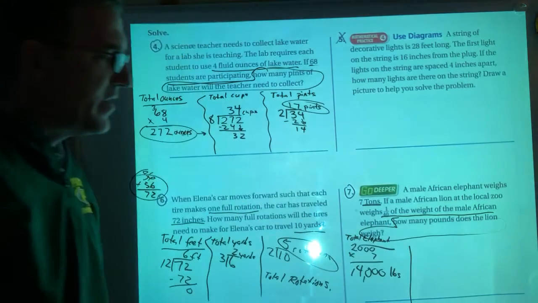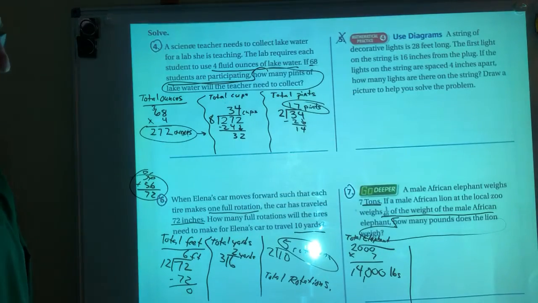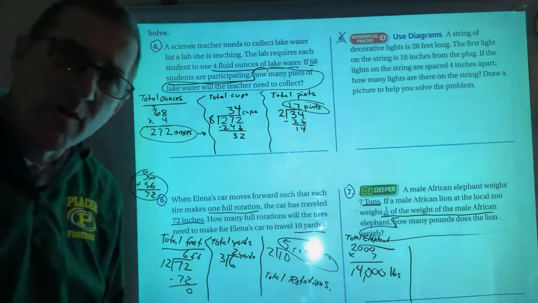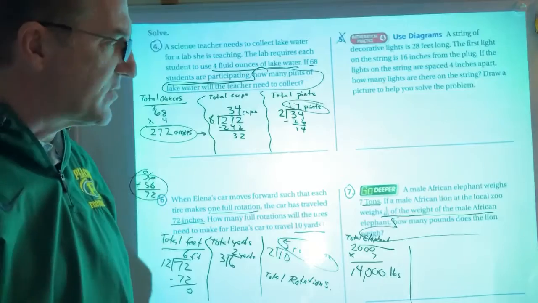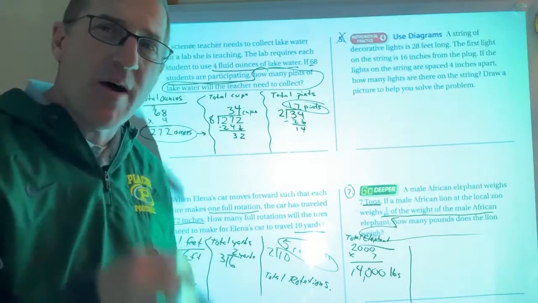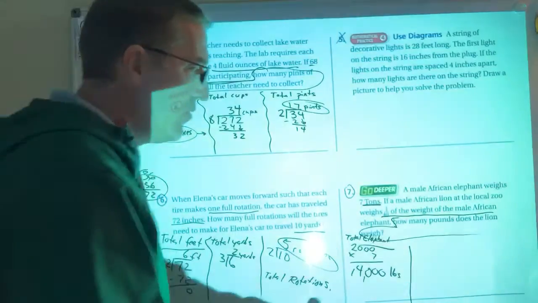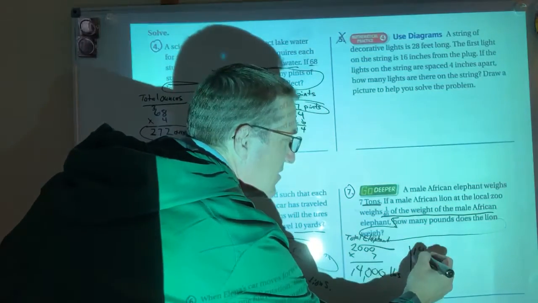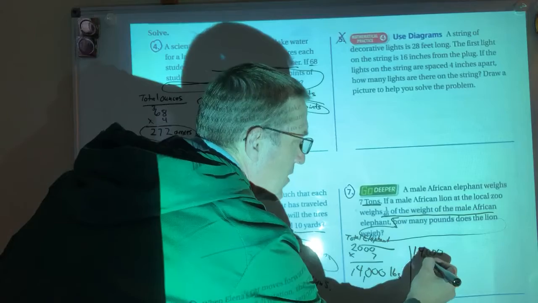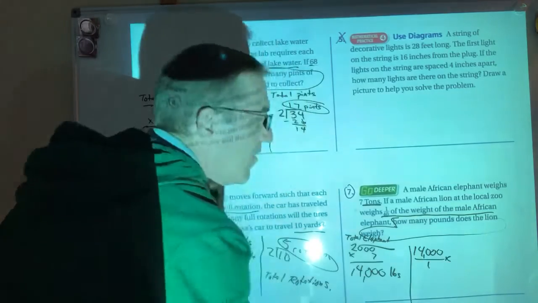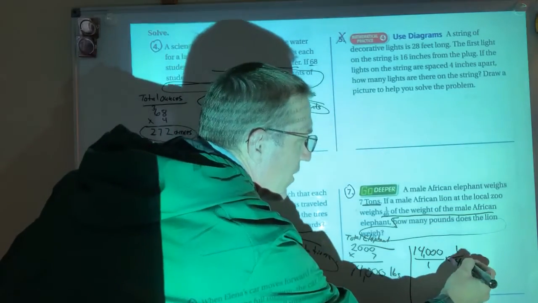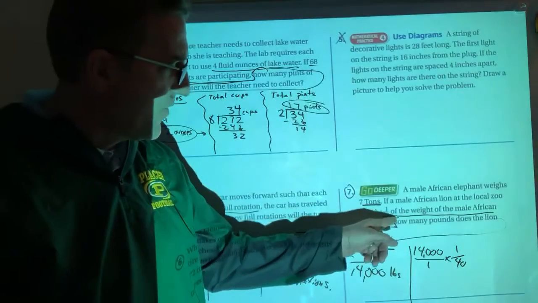Okay. Now, I got to figure out how much the lion weighs. So if it's 1/40th, remember I said whenever you see that 1/40th, that means divide by 40. It really means I take 14,000 over 1 times 1/40, right? 1/40th of.